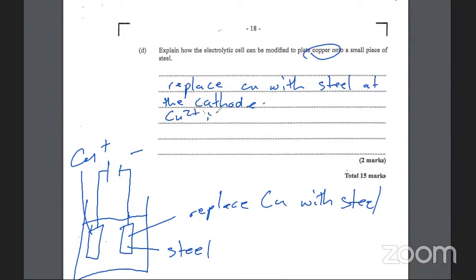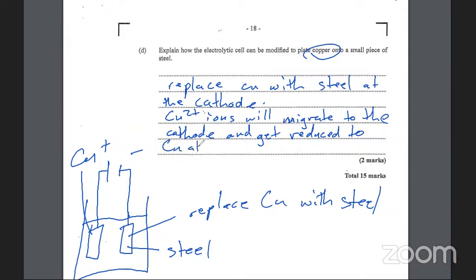Cu2+ ions will migrate to the cathode and get reduced to copper atoms, which stick to the surface of steel.